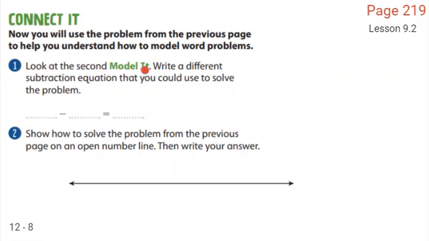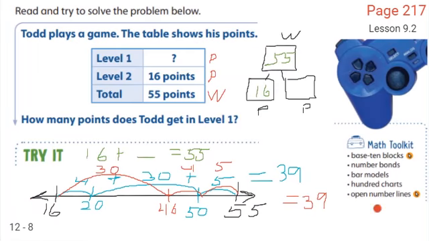Let's just go back here. So I'm going to go ahead and model this again here. So we have 55 minus 16.